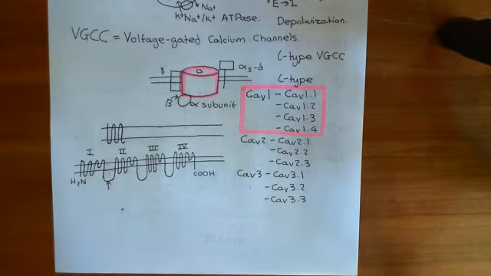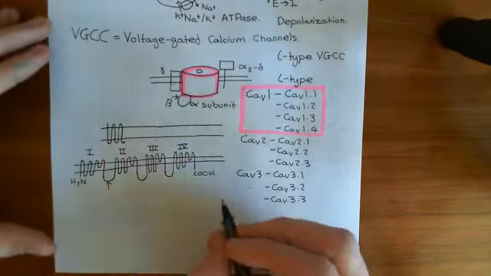Now the important thing is that these channels are activated by a depolarization in the electrical potential difference across the membrane. So when the electrical potential difference across the membrane is depolarized, they will be activated to open, and then when they open, calcium will move from the outside into the inside of the cell, and the reason is quite simple.